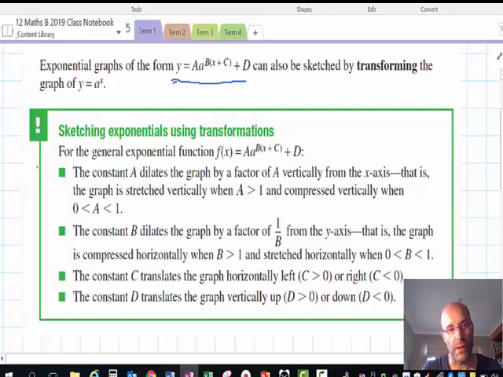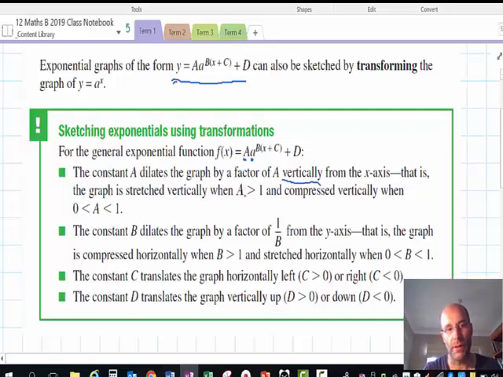These are the main points, and then we're going to employ these main ideas. So the capital A, not to be confused with the base, that constant dilates the graph vertically. Now you've seen that before with various other types of functions, notably parabolas, quadratics, and a similar idea in terms of amplitude with trigonometric functions.